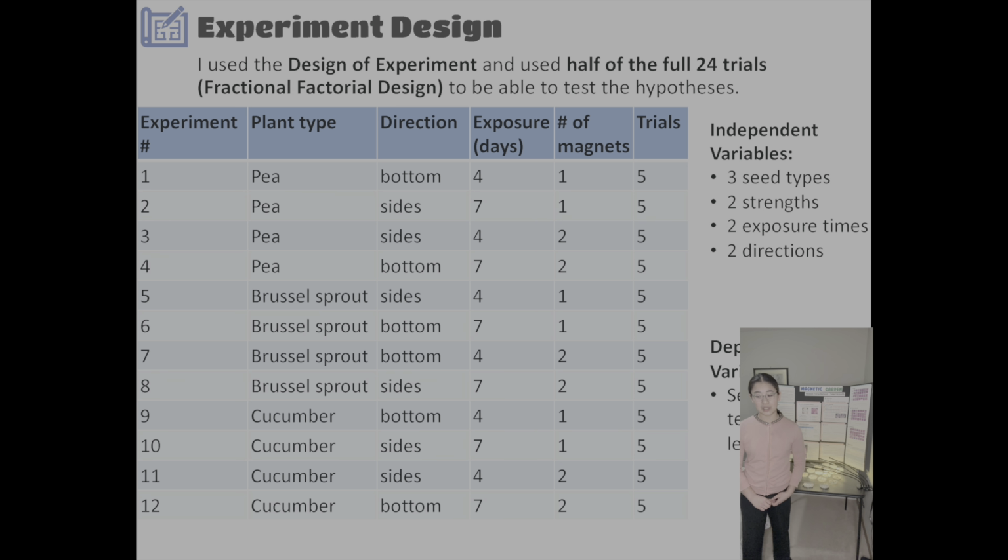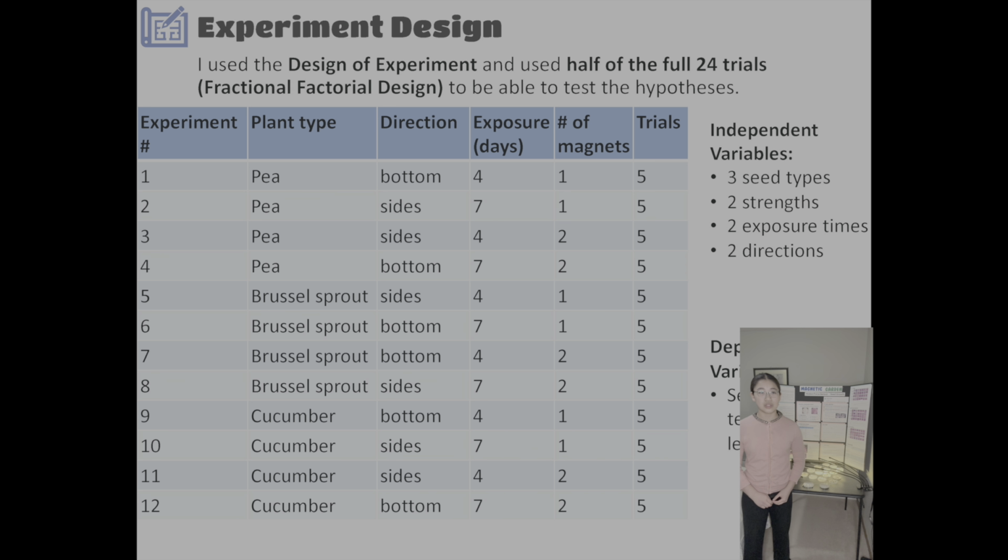So I decided to use the fractional factorial, which is 12 runs, so half of the 24, and 5 trials, so 60 seeds. The way design of experiment works is that if I were to test one factor, let's just say peas, then all the rest of the variables would be balanced out.